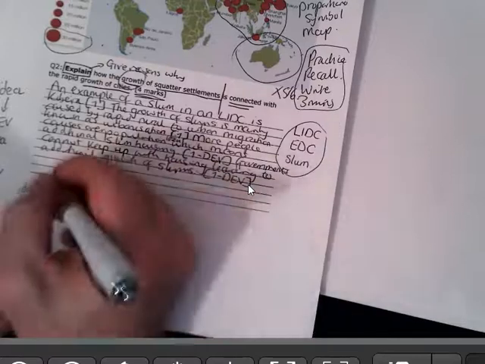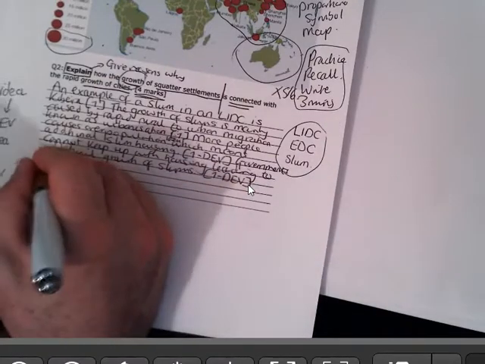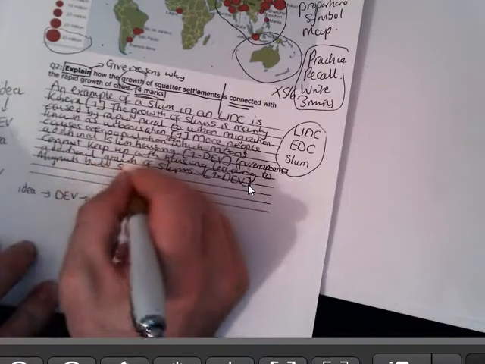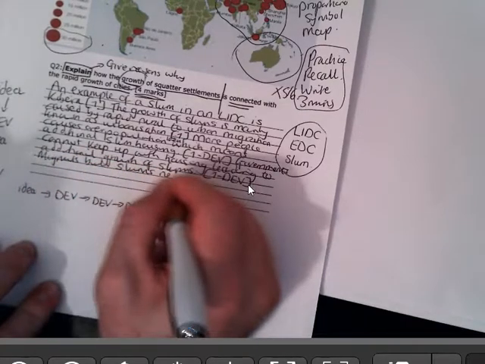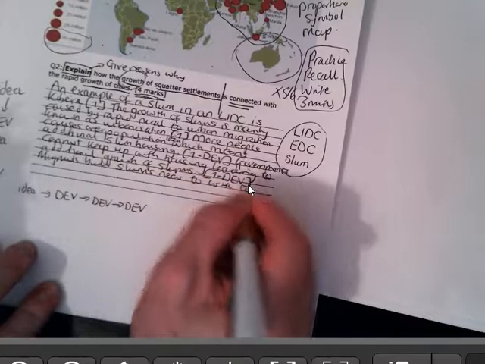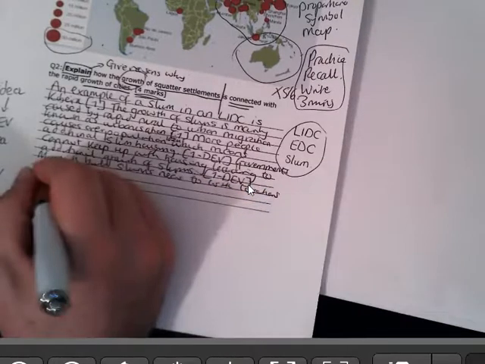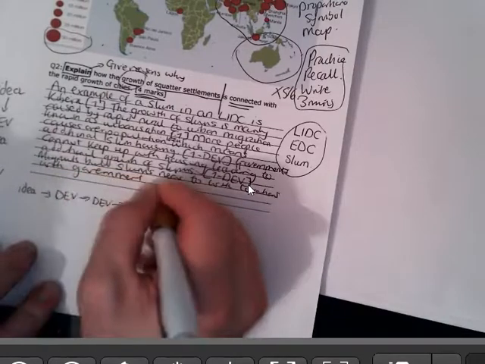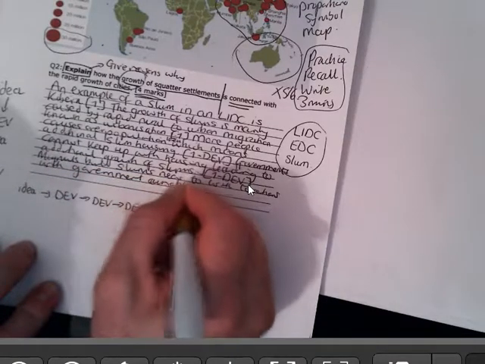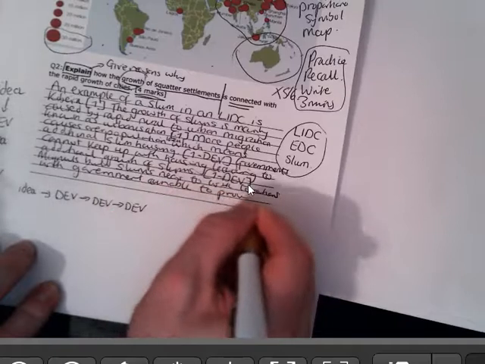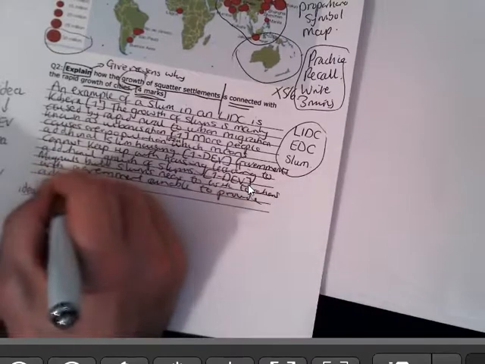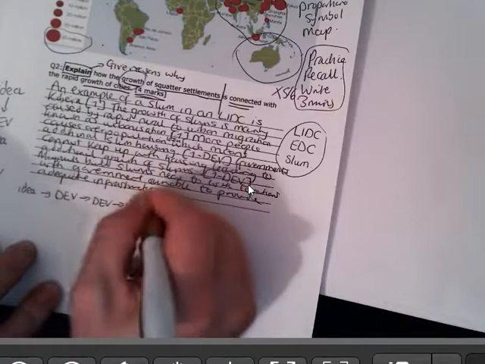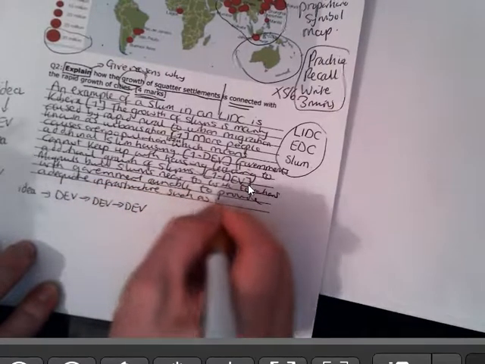An additional development that I could say here is that migrants build slums near to work locations with government unable to provide adequate infrastructure such as roads.